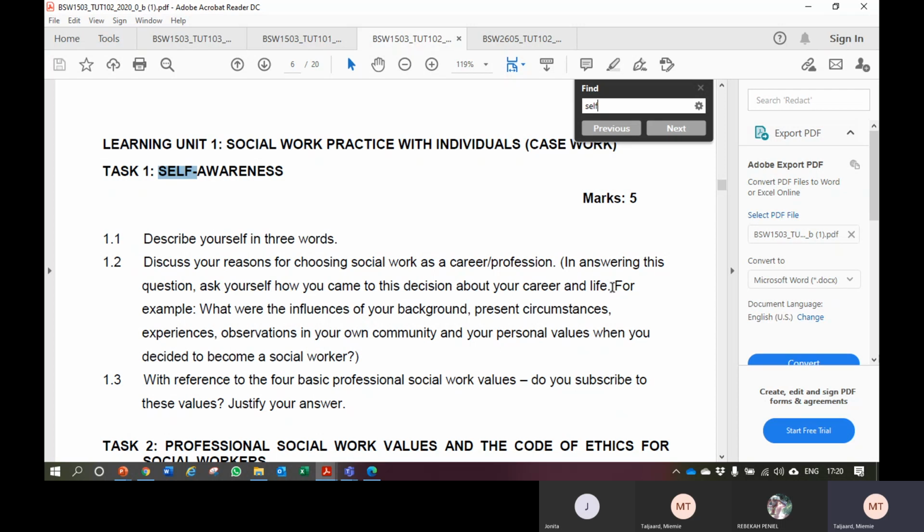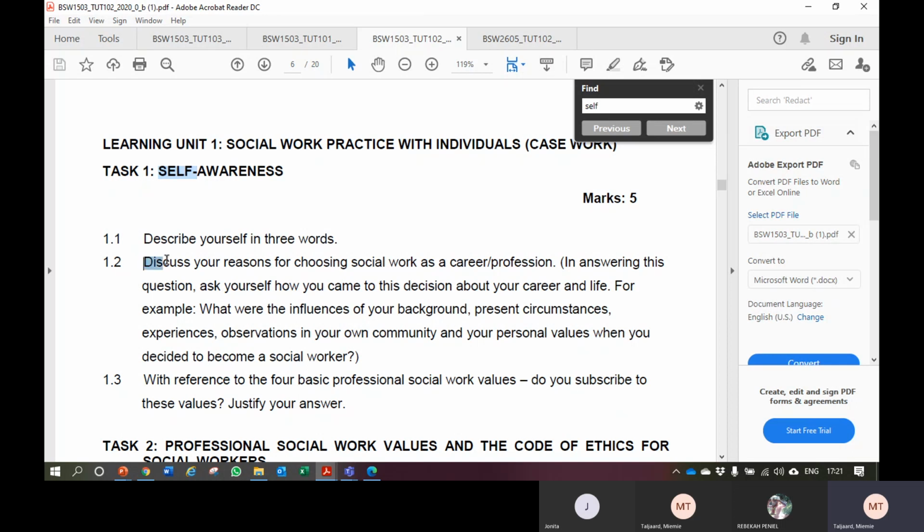She actually forces you into the reflexive thinking mode. For example, what were the influences of your background, present circumstances and experiences, observations in your own community, and your personal values when you decided to become a social worker? If you answer that, you have your reasons for choosing social work.